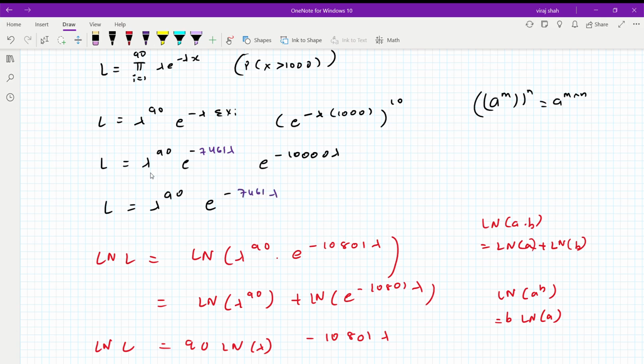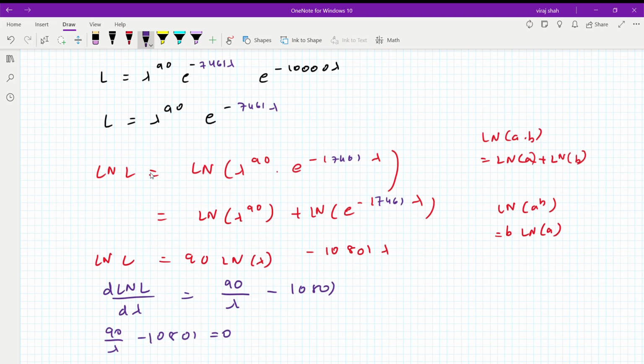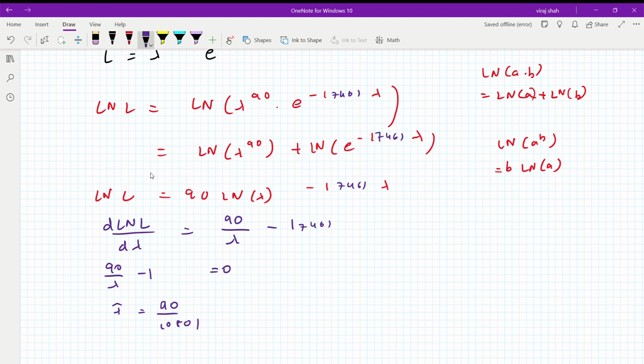Small calculation error. Okay, it turns out to be 0.005154344.